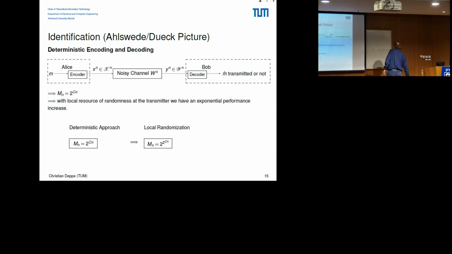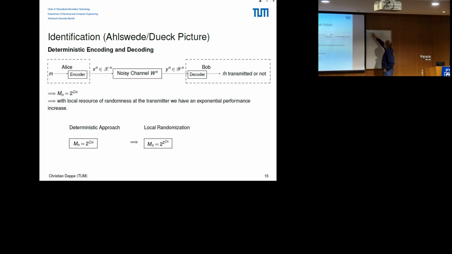Perhaps shortly I can give you the idea of how to approach this. You can construct an identification code in principle from a transmission code. The idea is you take some code C1 of length n minus, let's say, square root n, and some code, it may be the same, C2 of length square root n.